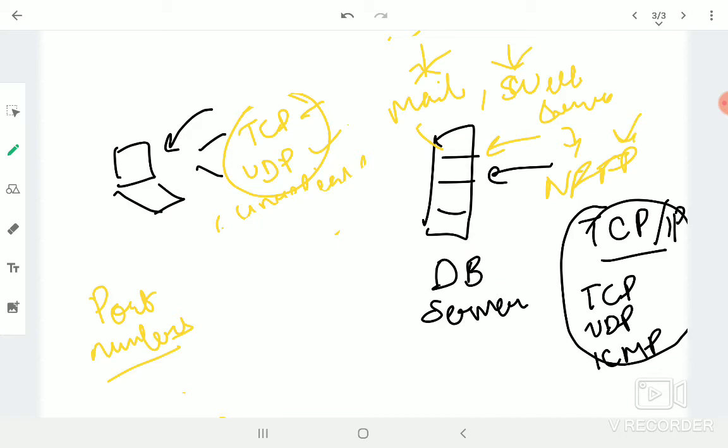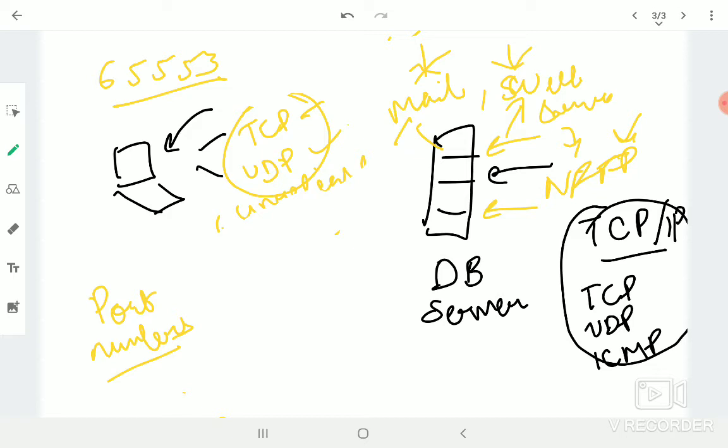Now in the TCP world, we have 65,535 port numbers. I'm not sure about the exact number, but it is around 65,000, a little over 65,000. So we have this many port numbers, and all the services running on this server will have a port number attached to it.